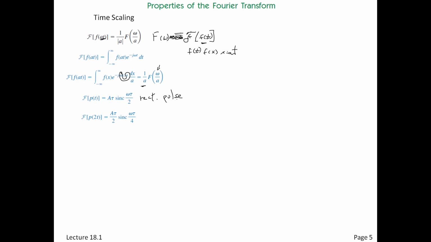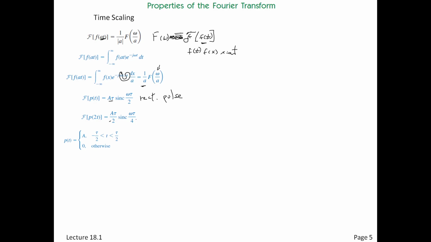So if we want to change the period to 2t, what does our relationship tell us to do? Take 1 over a. Well, this was the original thing, so now we take it by a, so that's dividing by 2, but then we have to modify the frequency also to be dividing by 4.